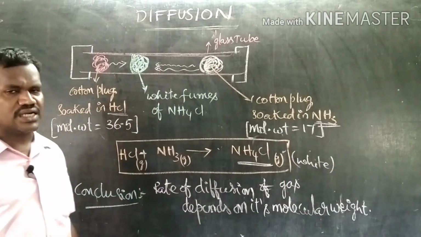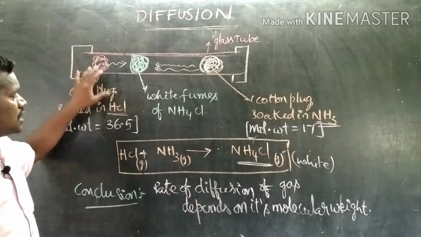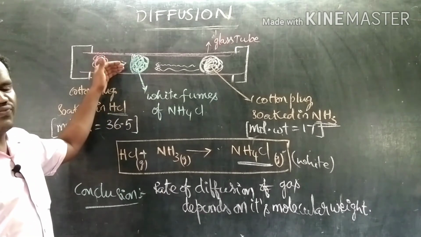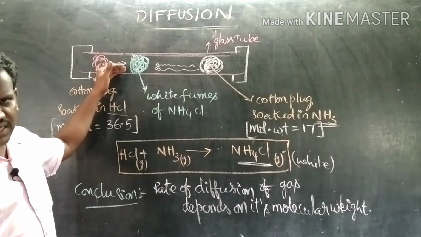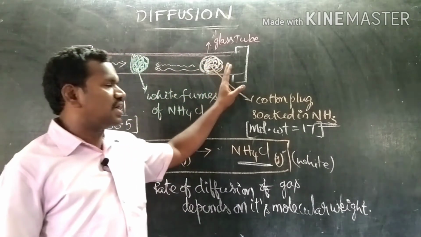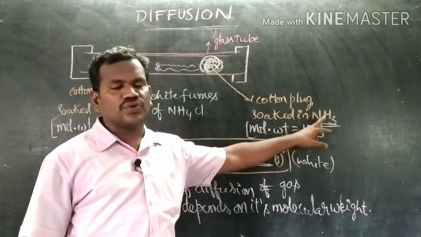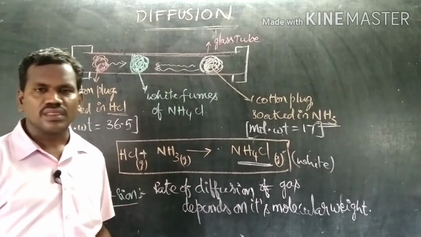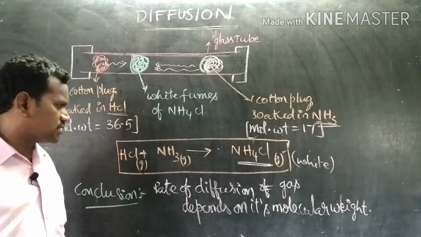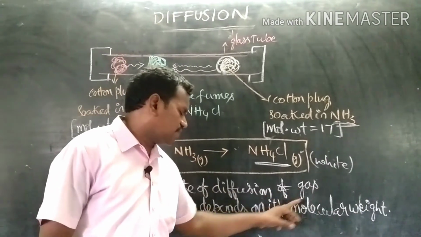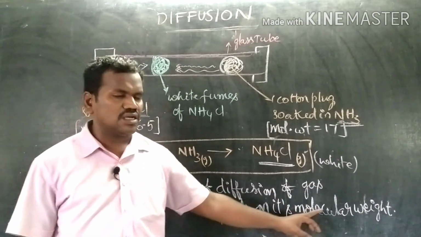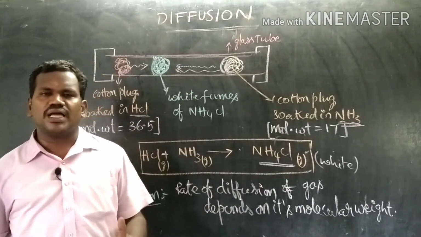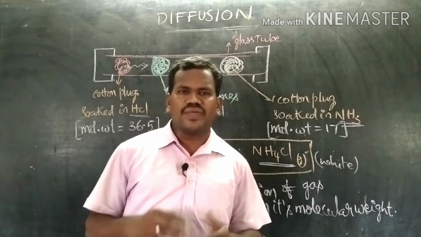From this, what can we understand? Because of the higher molecular weight, the rate of diffusion of HCl is less when compared to the rate of diffusion of ammonia, whose molecular weight is 17. From this, we can conclude that the rate of diffusion of a gas depends on its molecular weight. Not only this, you may have bromine.